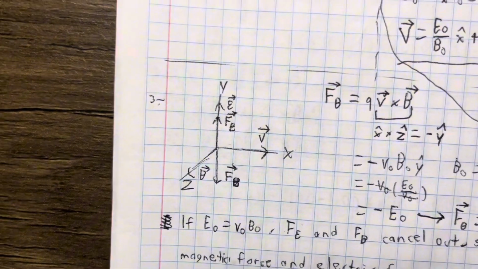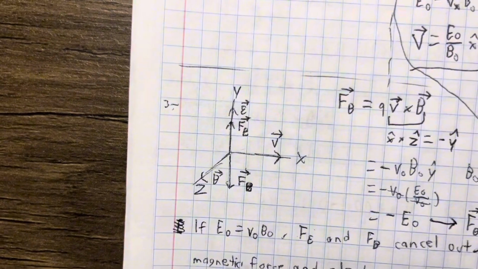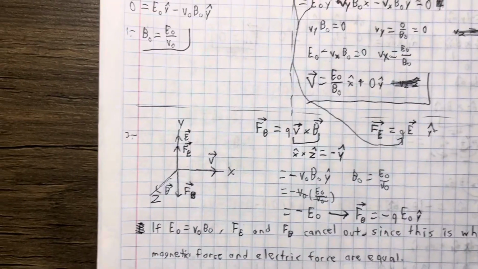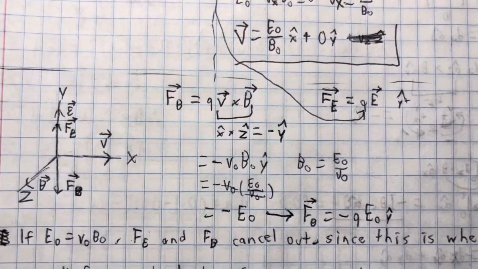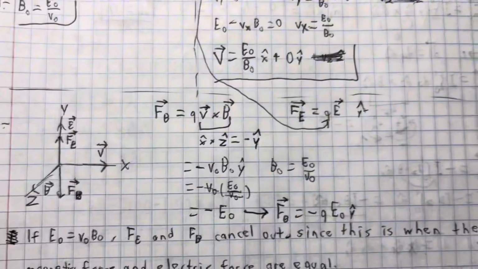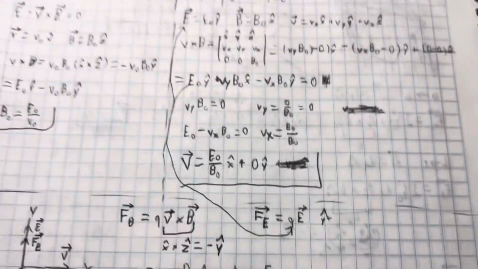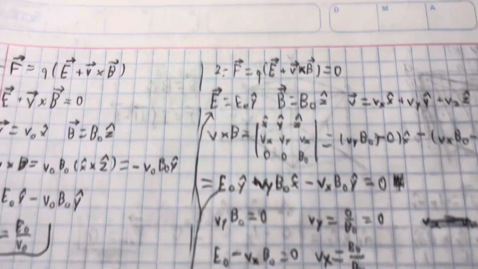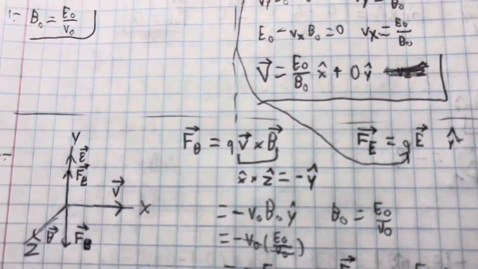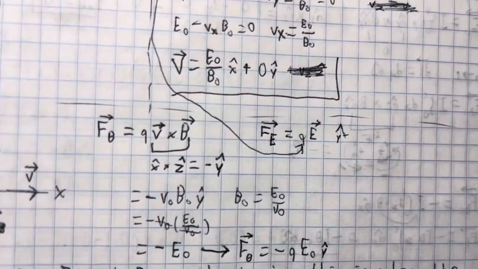For the magnetic force, we already know that the electric force is in the y vector, with this formula over here. And we have to prove that the magnetic force cancels out with this one.